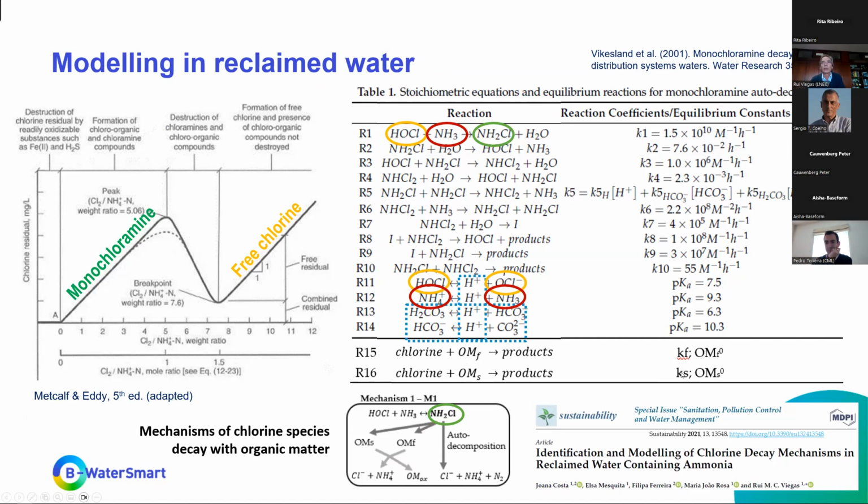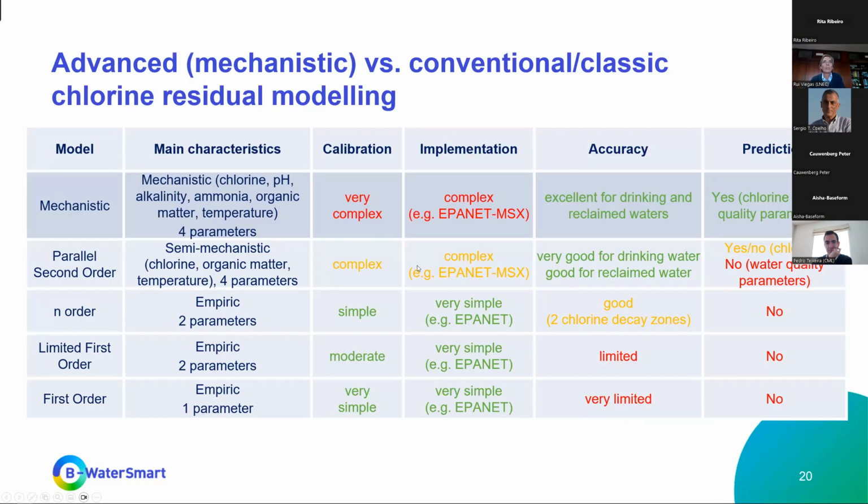And we have these two kinetic constants. This is a model that is very complex to calibrate. Its implementation is complex. It's not possible to do it in EPANET, but it can be done, for example, in the freeware EPANET-MSX and in Bayesian platforms, of course.